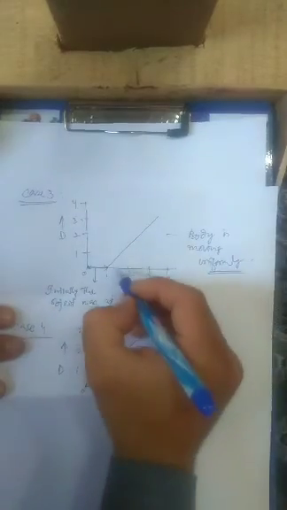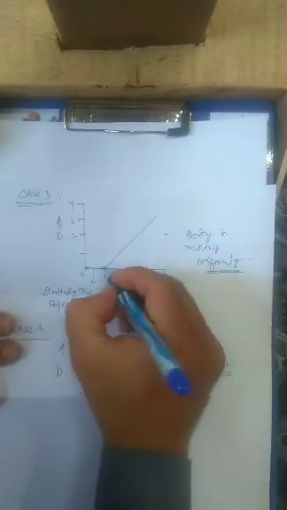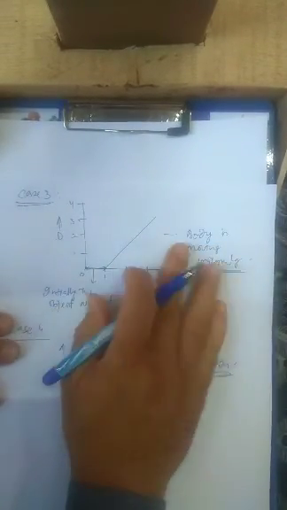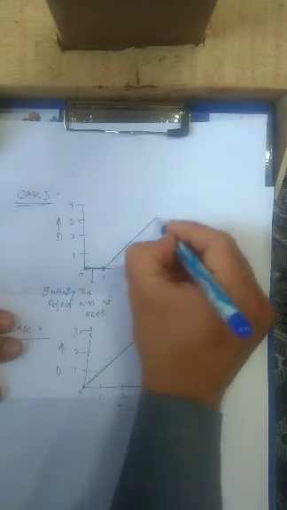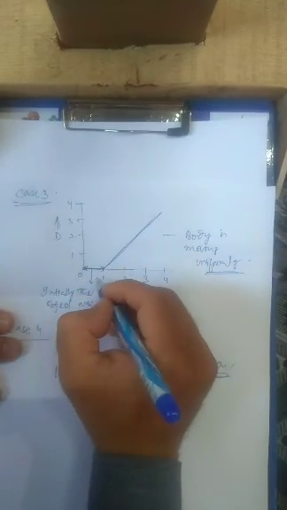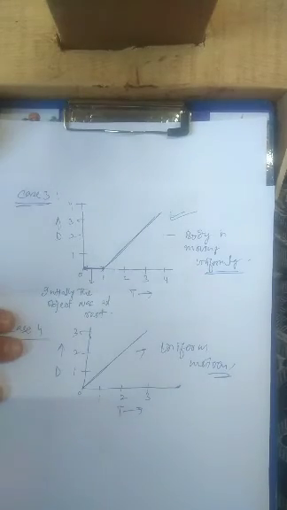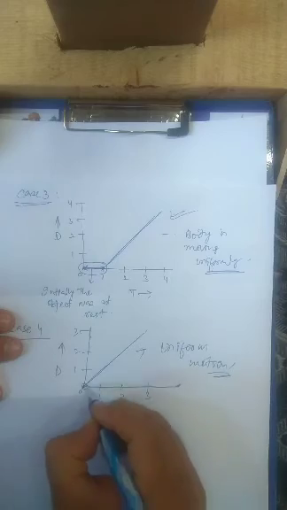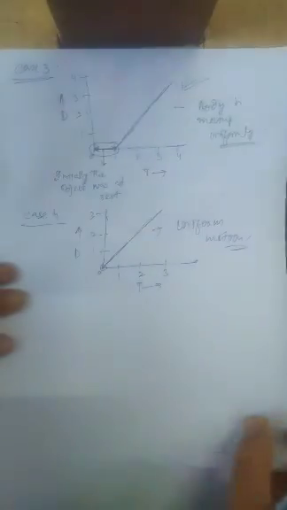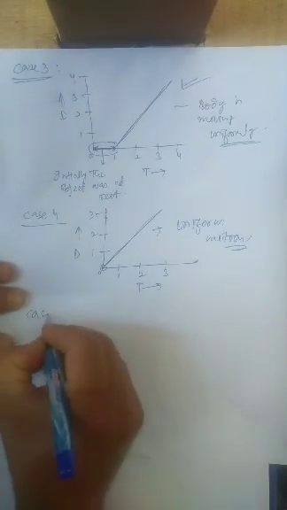This is also uniform motion, but initially it was at rest. After that it starts to move. The straight line says it's a uniform motion, but initially it was at rest.